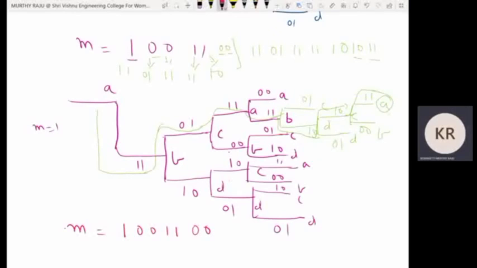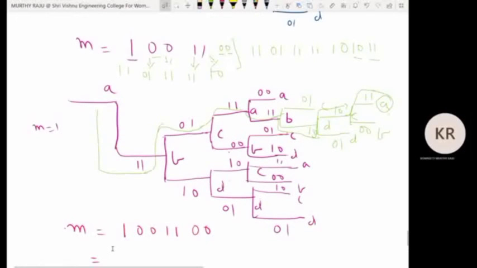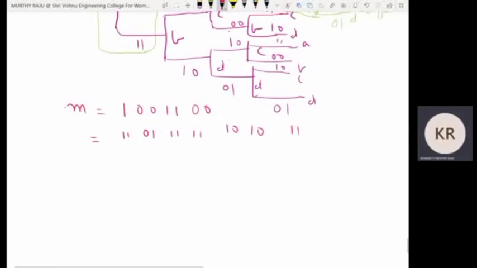Therefore, the complete encoded sequence is 1 1, 0 1, 1 1, 1 1, 1 0, 1 0, 1 1. These are x1 x2 x1 x2 x1 x2 x1.